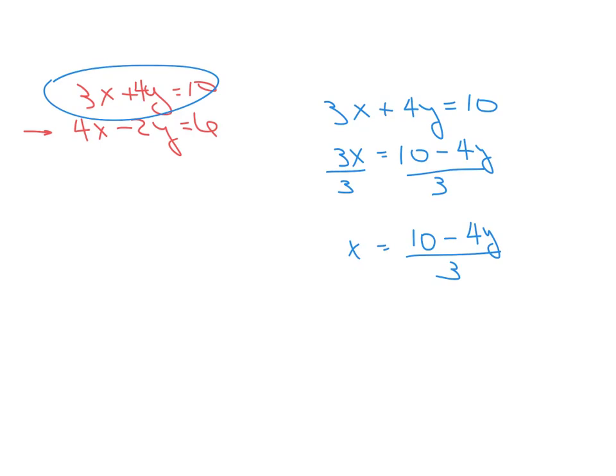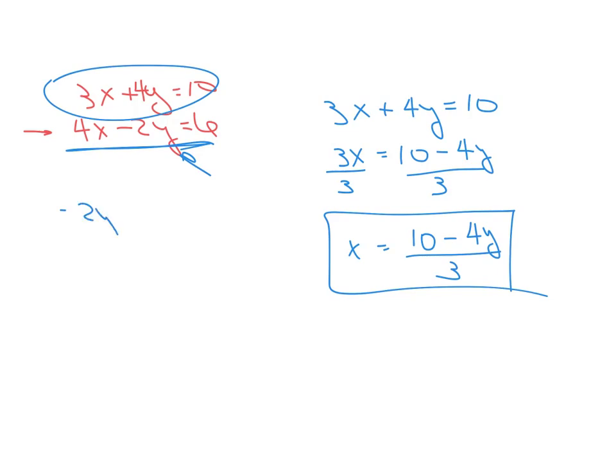Okay, that is not real pretty to work with. So maybe that's why they used the bottom one. And that's one of the things you do. You try the top and it's like, ugh, x equals 10 minus 4y over 3. That doesn't look nice. Let's try solving for y on this bottom one.